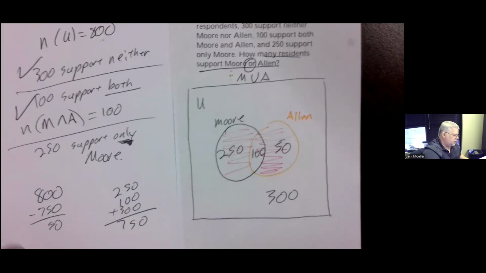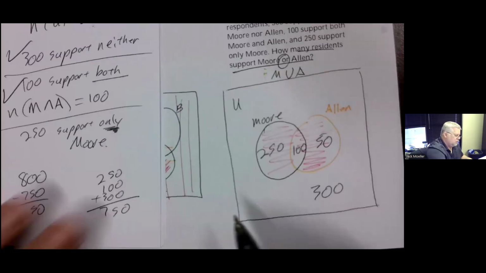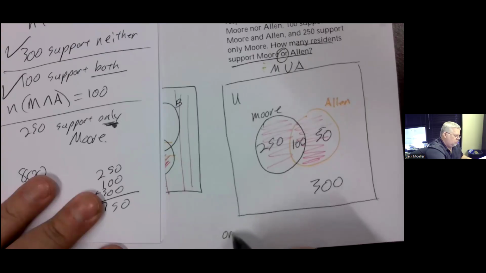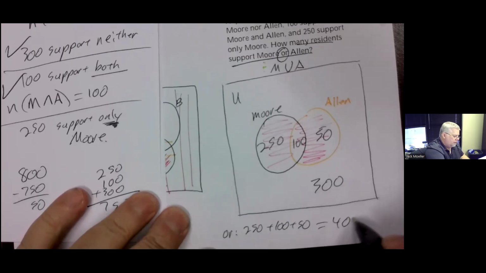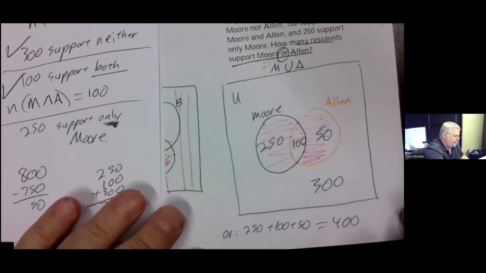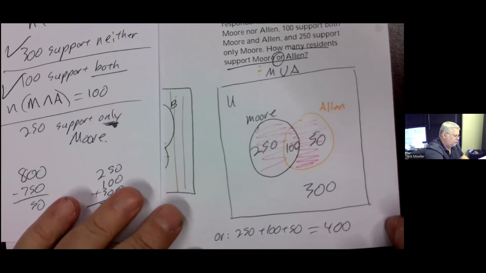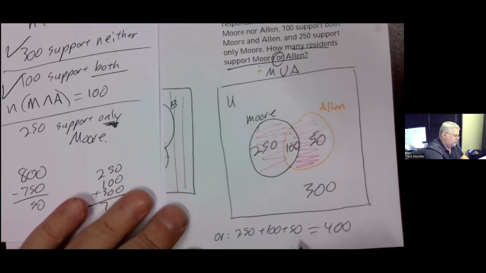So the union, or, is 250 plus 100 plus 50. That's 300, 400.